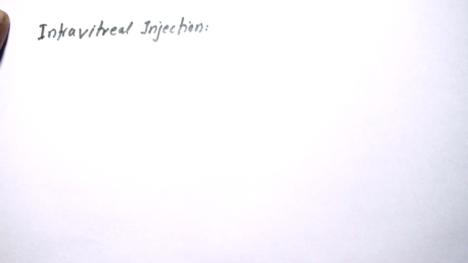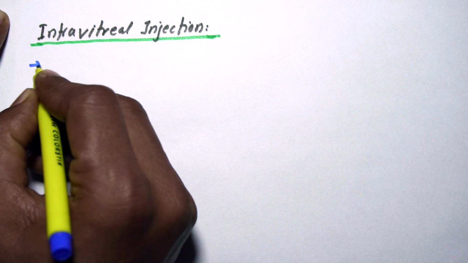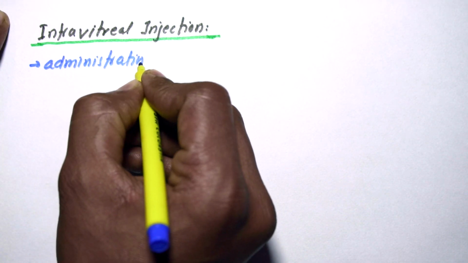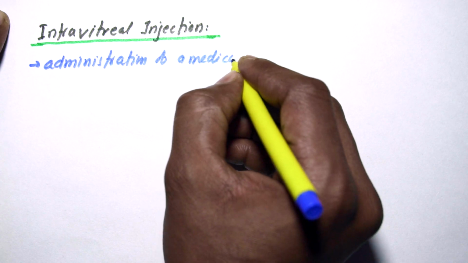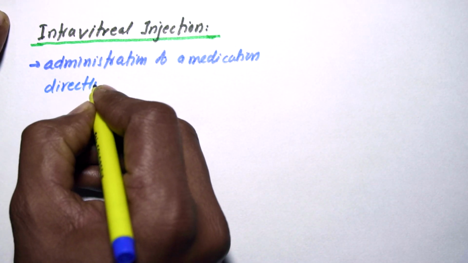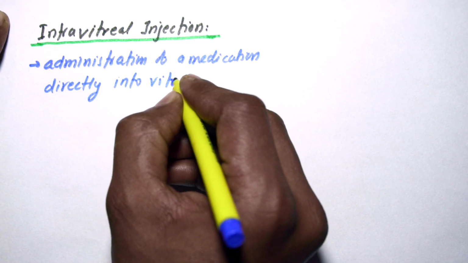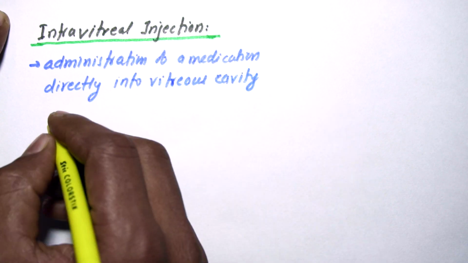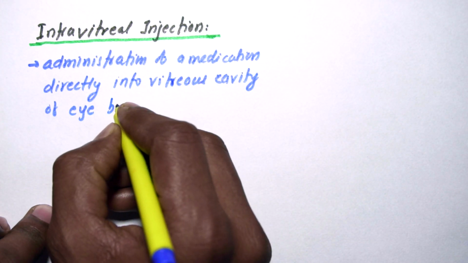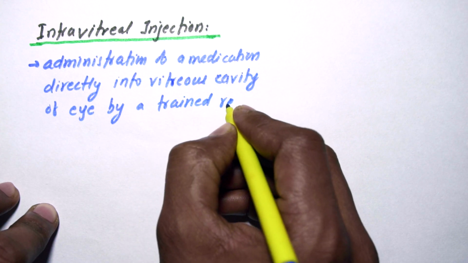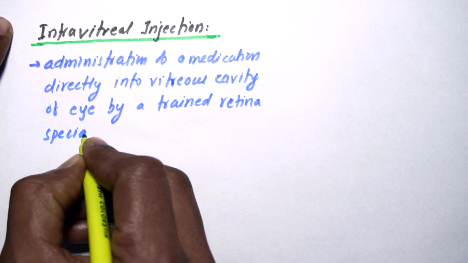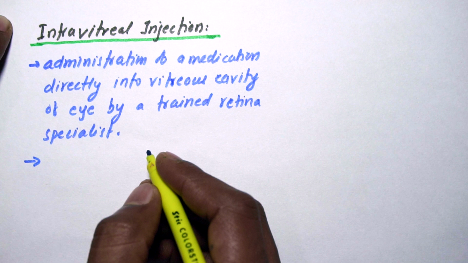Now coming to intravitreal injection. Okay. So administration of a medicine directly into the vitreous cavity of the eye by a trained retina specialist is called an intravitreal injection.